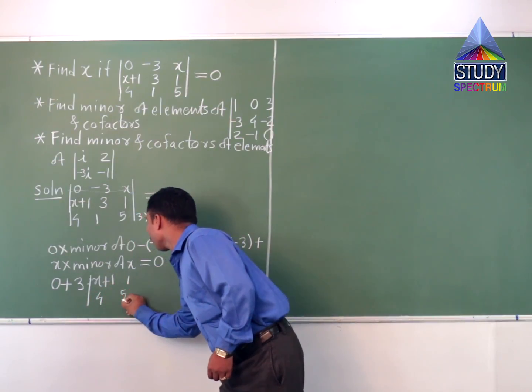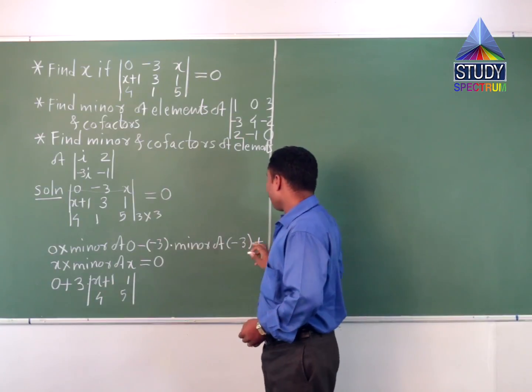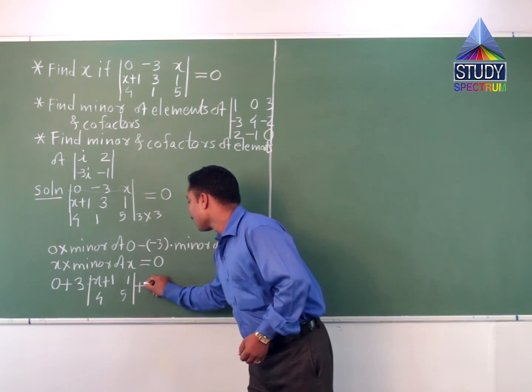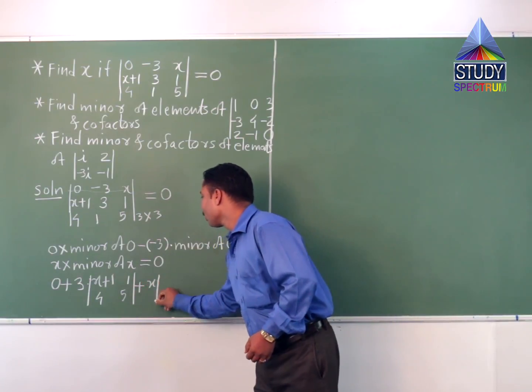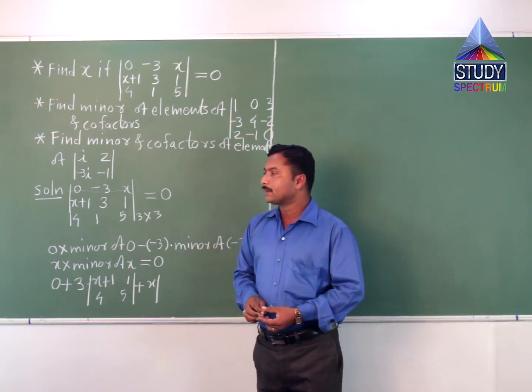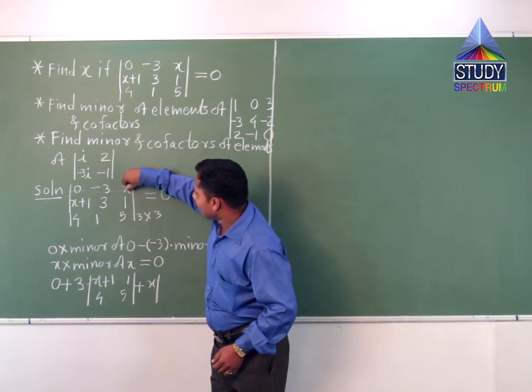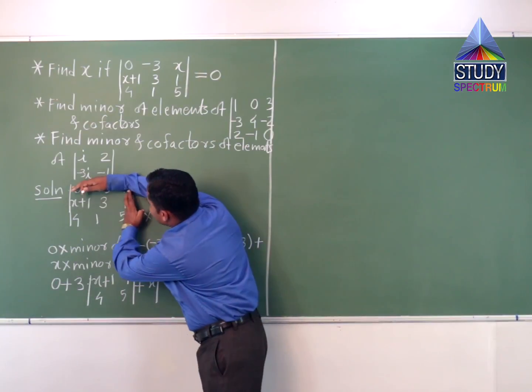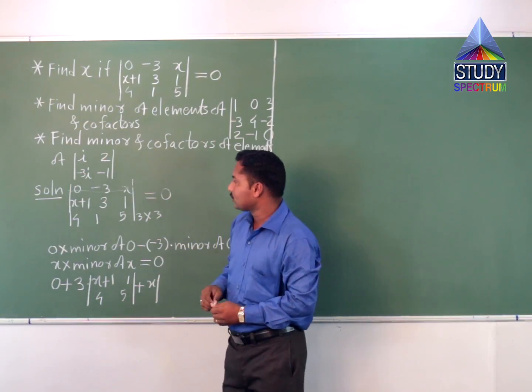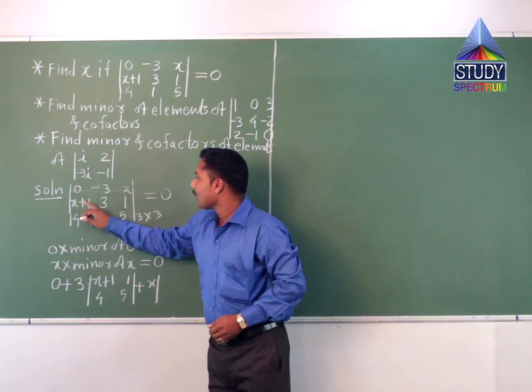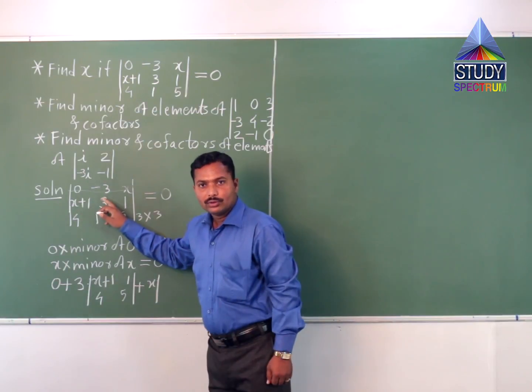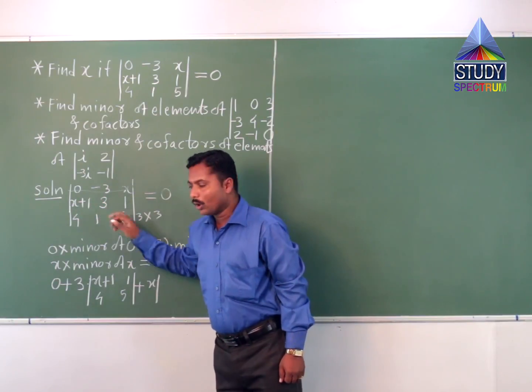Second row 4, 5, plus x into the minor of x, which means delete the row and column passing through this third number x. What remains? x plus 1, 3, 4, 1.